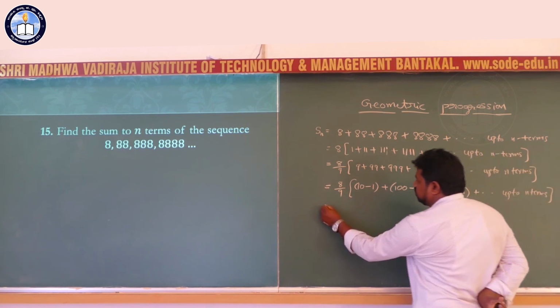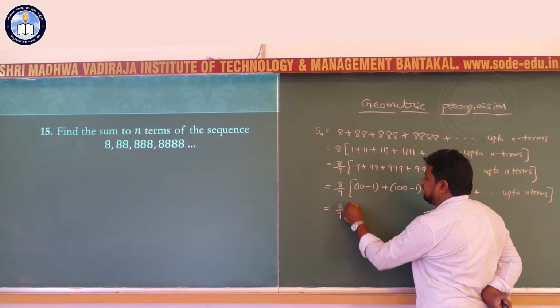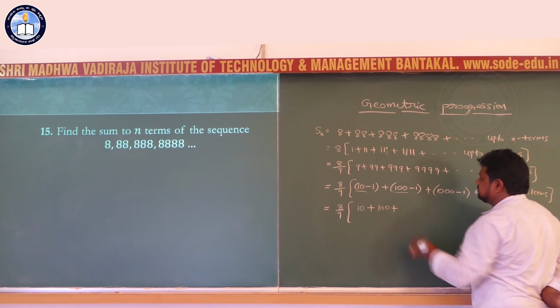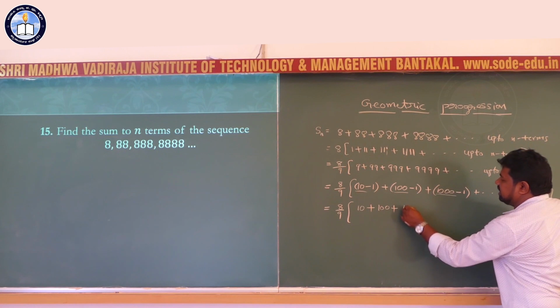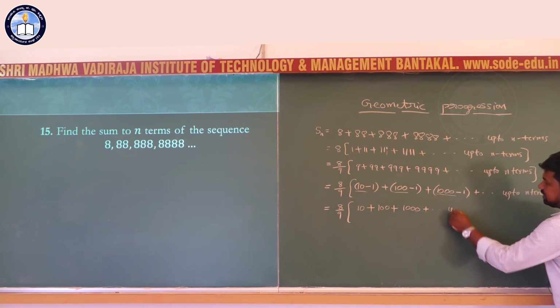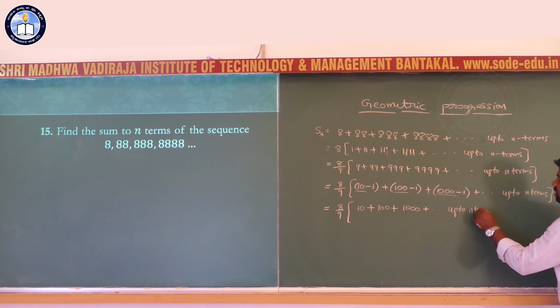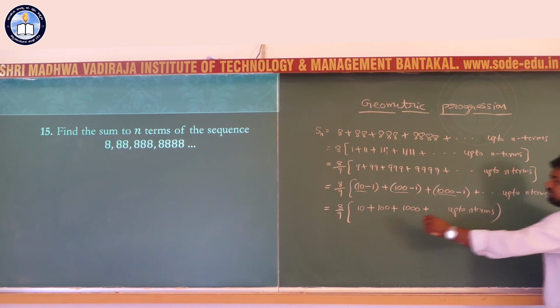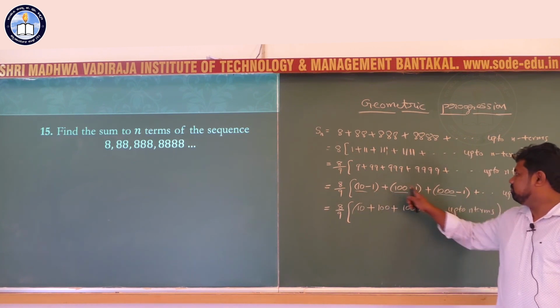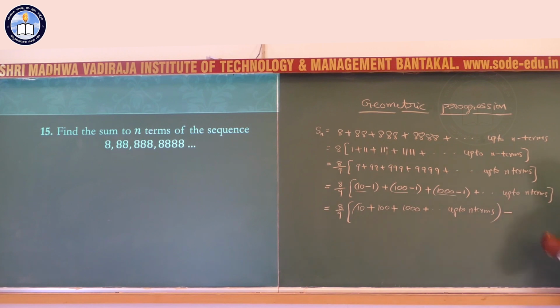That is equal to 8 by 9, 10 plus 100 plus 1000 plus like that up to n terms, minus, here minus 1 minus 1 minus 1, I take minus outside, 1 plus 1 plus up to n terms.